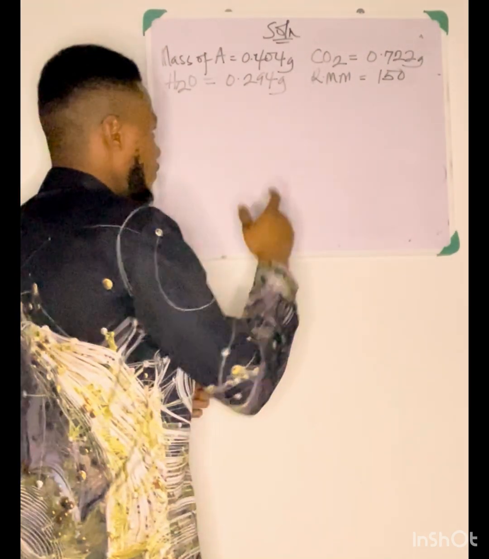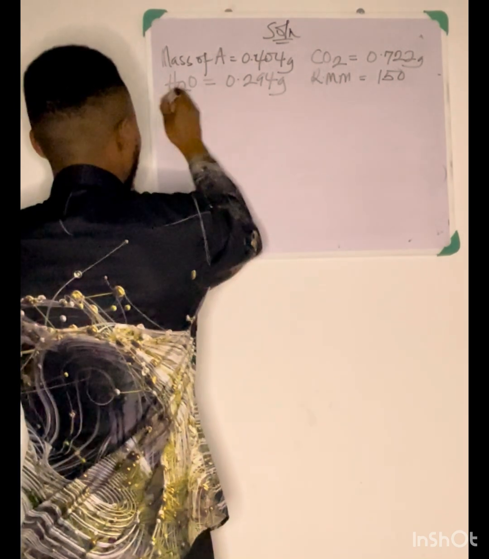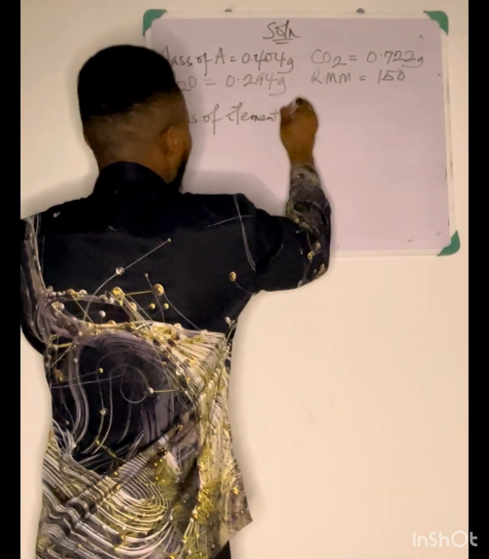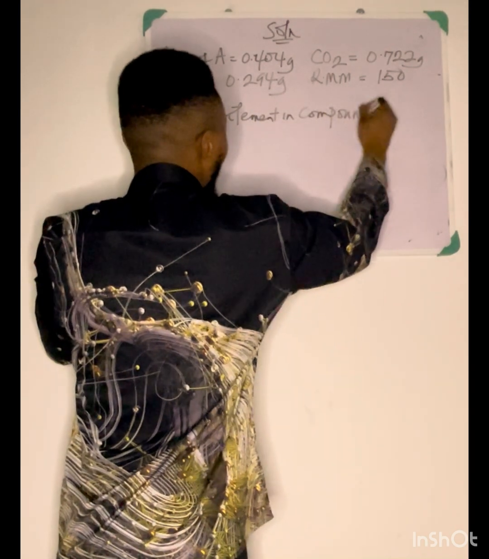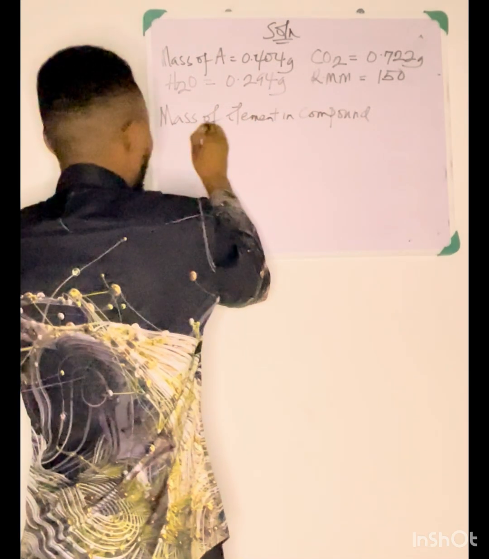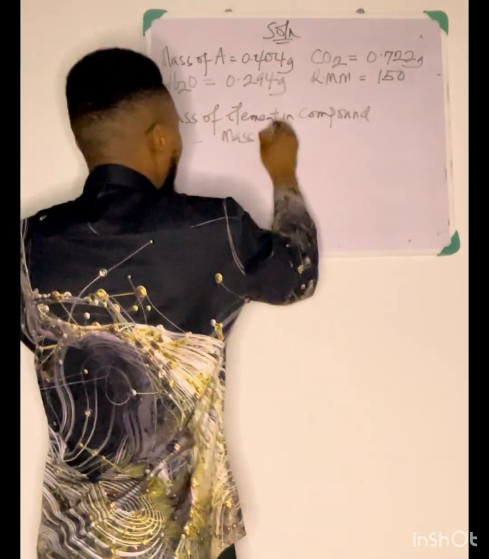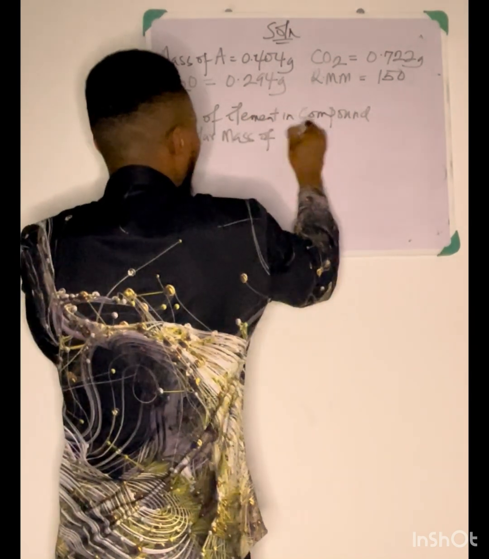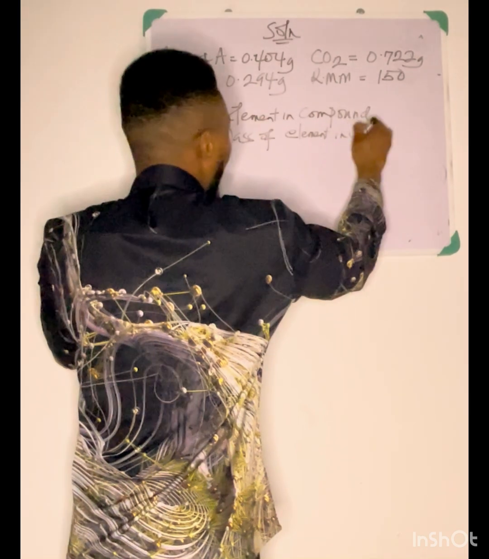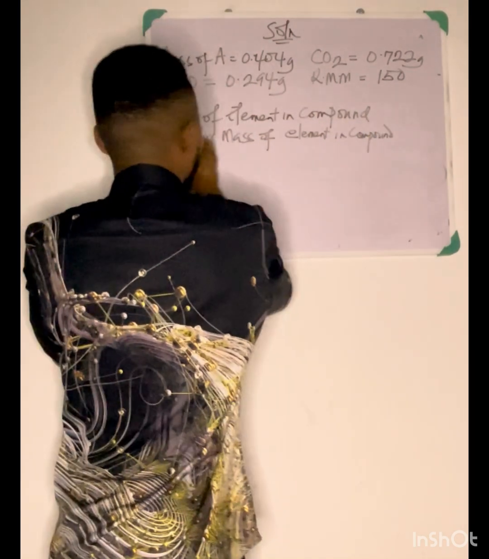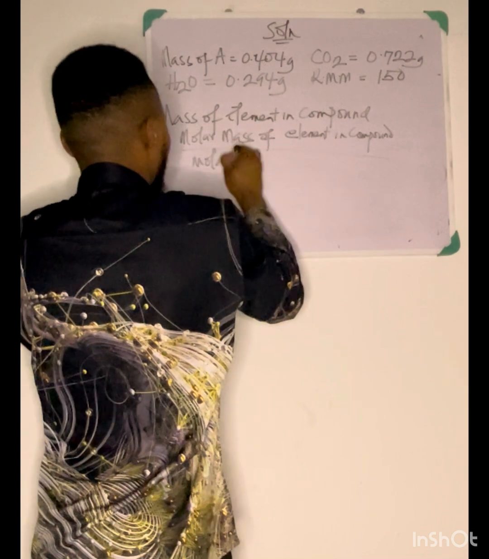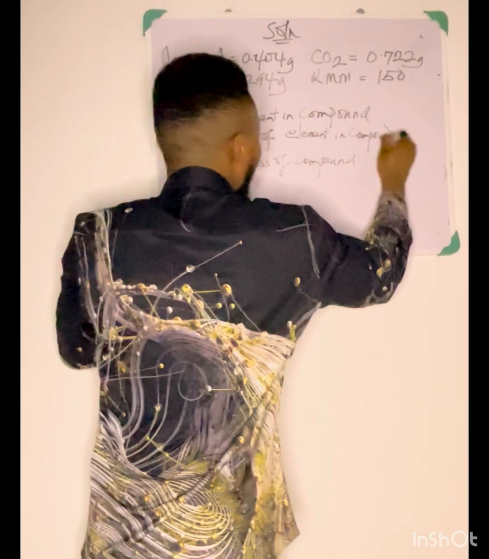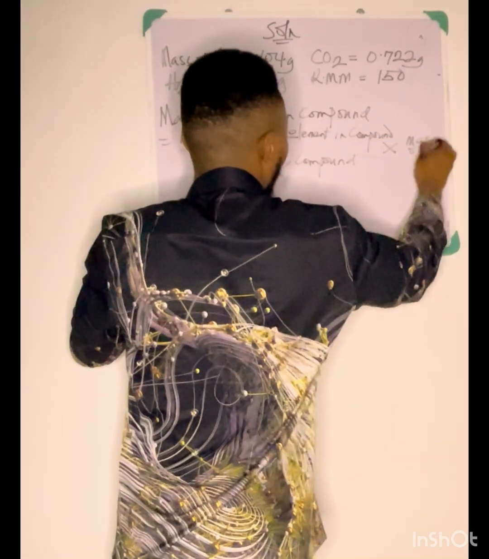So now let us look at it. In order for us to get the mass of an element, let's look at this formula. Mass of element in compound. Please take note of this formula, don't forget it. Mass of element in compound is equal to molar mass of element in compound divided by molar mass of compound times mass of compound.